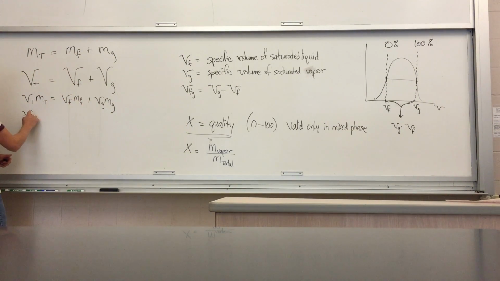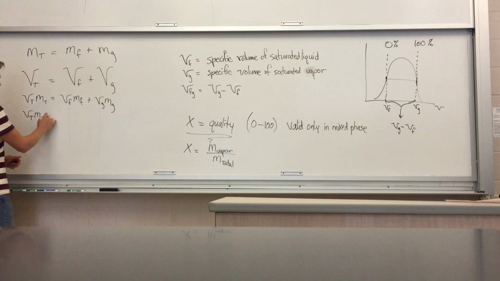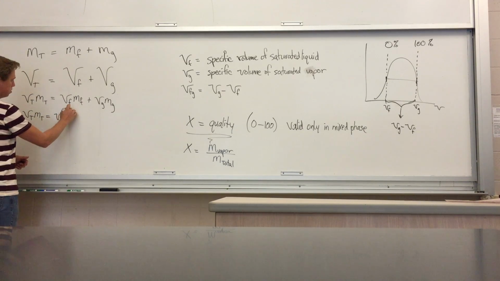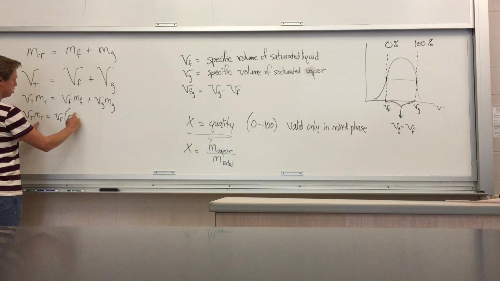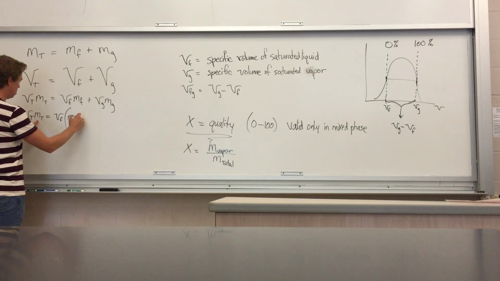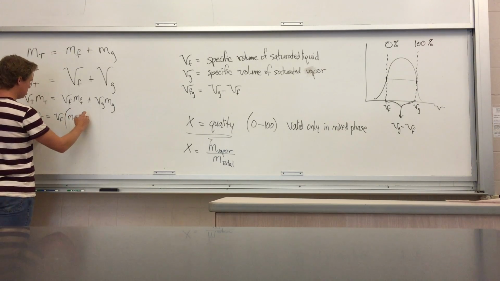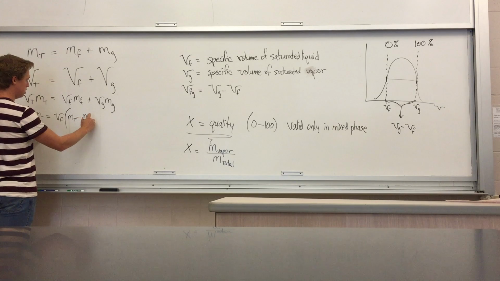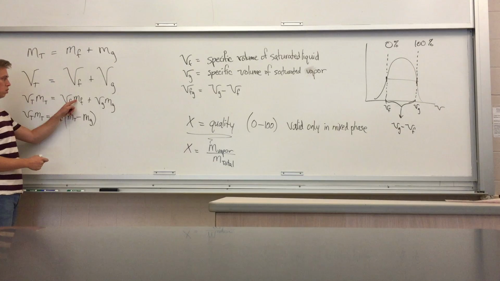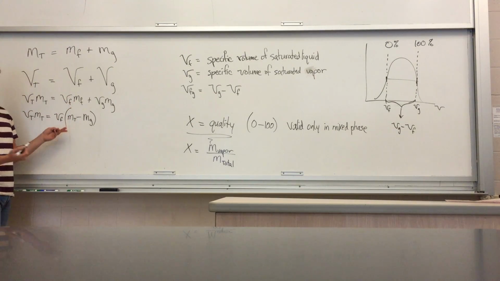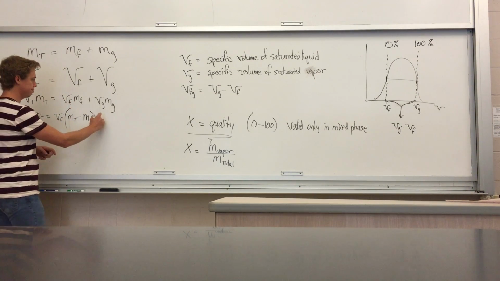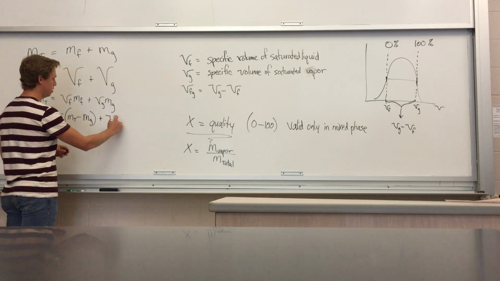So I'll replace it with the mass total minus the, sorry, it's the mass I want to replace. I realize I just said it was the volume. Mass total minus the mass of the gas. That's equivalent to the mass of the fluid. I'm doing an equivalent replacement there. Okay, and then I still have this.